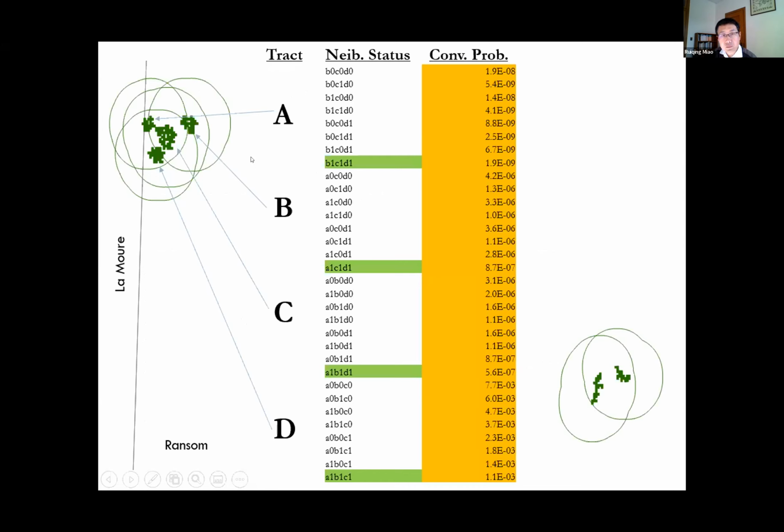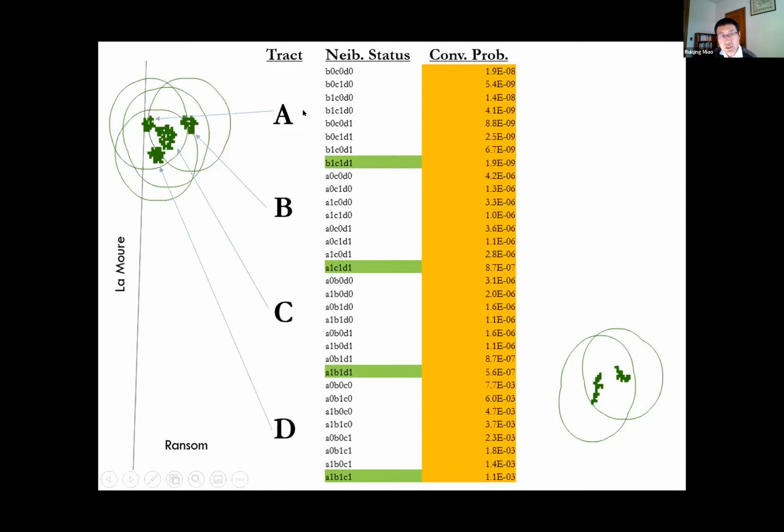Based on their regression result, we can do some counterfactuals. For tract A, what if tract B is converted to cropland? What if tract C is converted to cropland? Then what is the conversion probability of tract A under those scenarios?